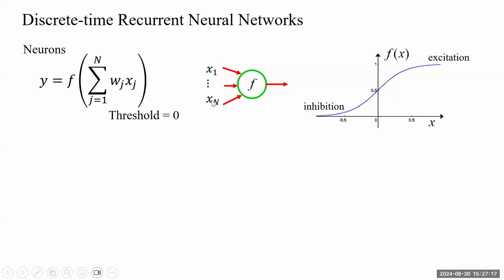The N input is applied to a neuron, characterized by a smooth activation function. A weighted sum is applied, and for simplicity, we set the threshold to 0. If the input exceeds the threshold, excitation. Below the threshold, inhibition.